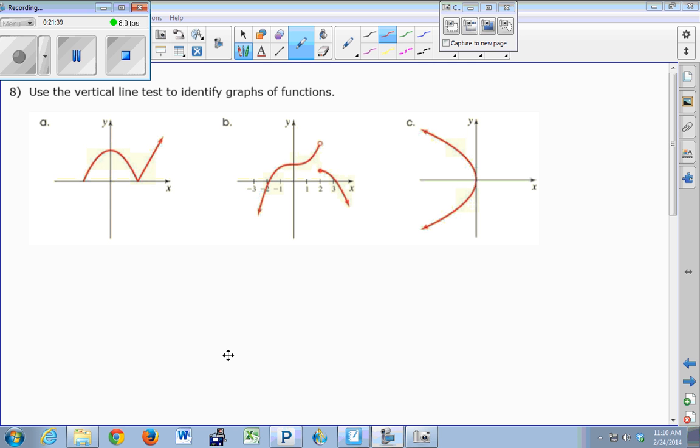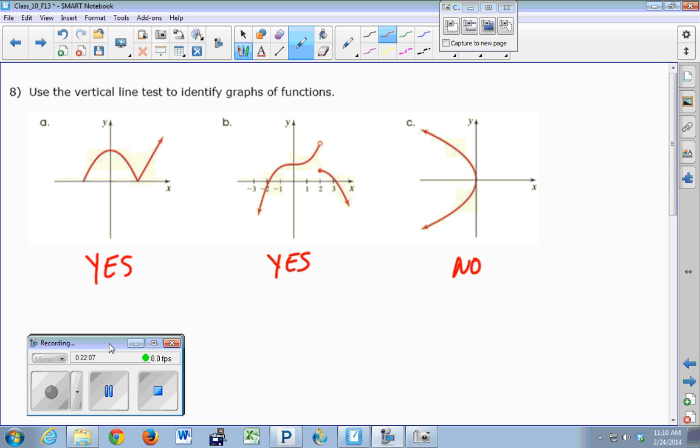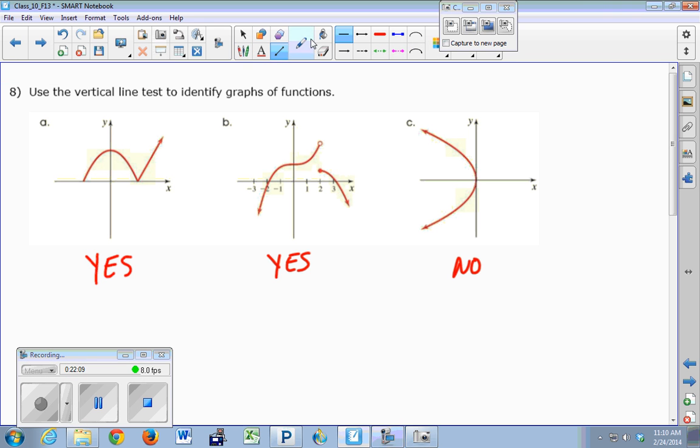Okay, the vertical line test to identify graphs of functions. So which one, A, B, or C, which ones are functions? A and B. Yes, yes, no. Okay. So if we look at C, the reason why we need to define a vertical line test as any line is because, and this may seem like a picky point to you, but math teachers can be picky.